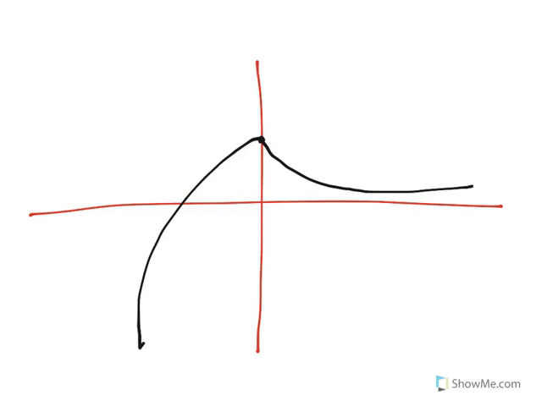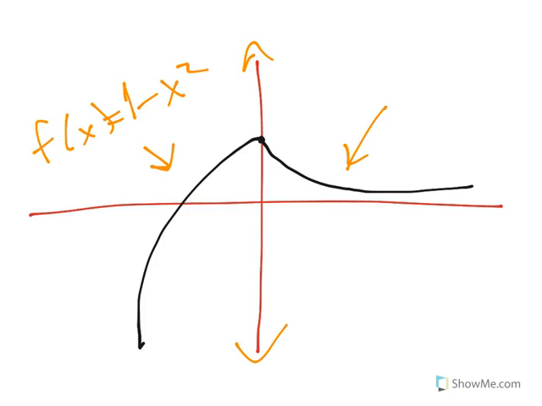Before the y-axis, we have f of x equals 1 minus x squared, and to the right of the y-axis, we have y equals 1 over x plus 1. Same thing as I said before: here you have this tangent line like that, and approaching from the left you have a completely different tangent line. So they do not agree and the slope is undefined.